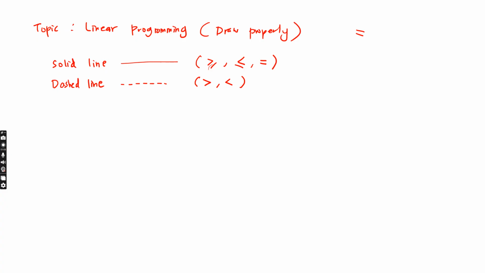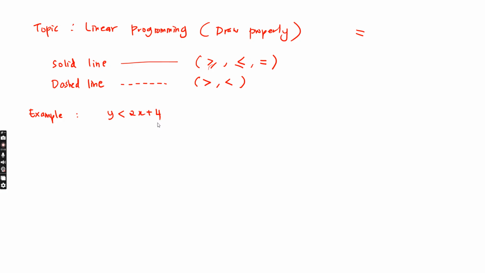Okay, the next one is how to draw. Let's say I give you an example, because for linear programming, we need to draw the line, and we also need to know which part we need to shade. So I give you an example: y less than 2x plus 4.